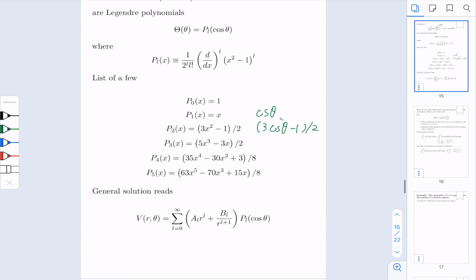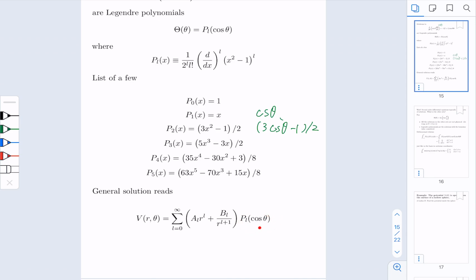You might wonder that on the radial part we have two kinds of solutions, one is r to the L, one is r to the minus L plus 1, and on the angular part we only have one solution.